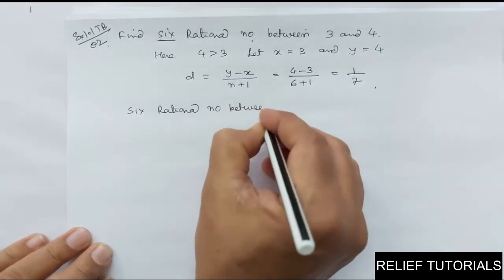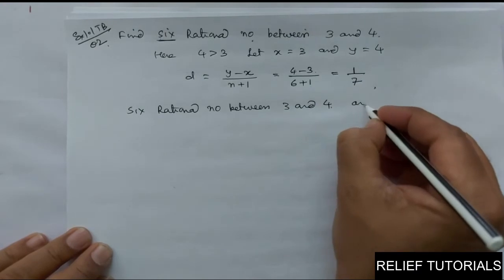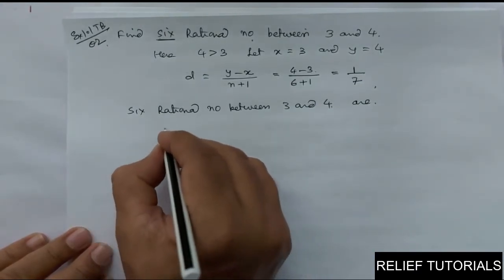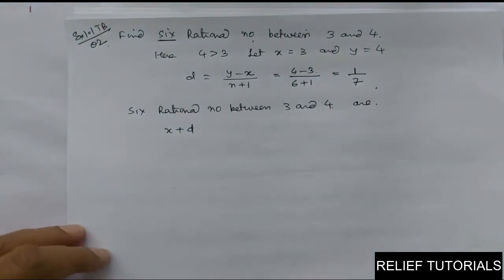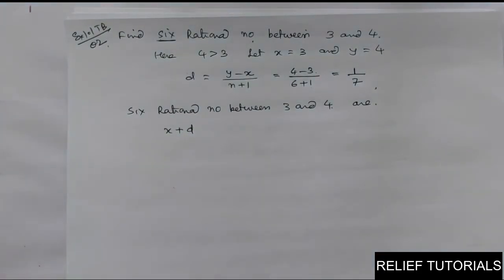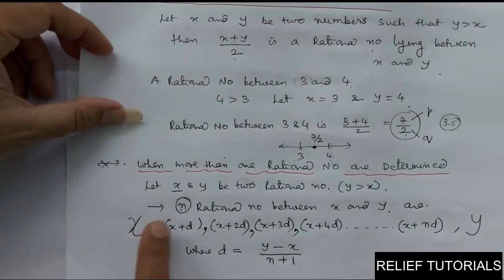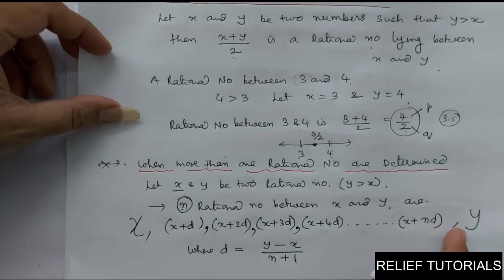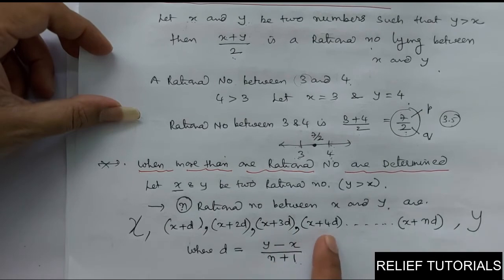Now the 6 rational numbers between 3 and 4 are, as I first told you, x plus d. The theory we have discussed: if you want to find n rational numbers between x and y, they are x plus d, x plus 2d, x plus 3d, x plus 4d. Clear?